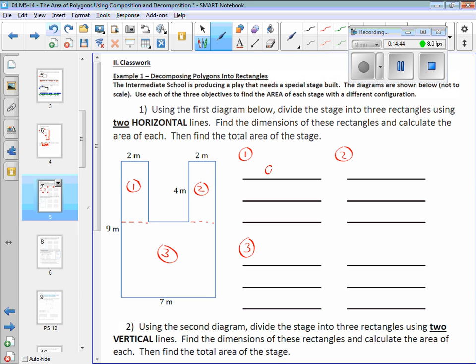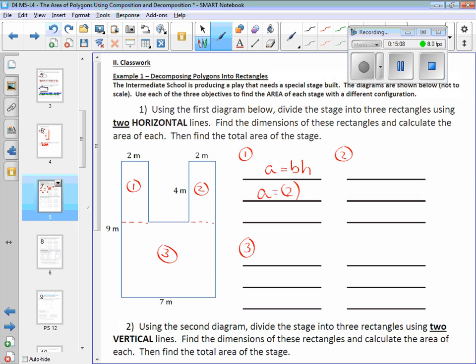Okay, always formula first. What's the area of any rectangle? What's our formula? Say it out loud. A equals base times height. Okay, in rectangle 1, what's our base? Use parentheses.